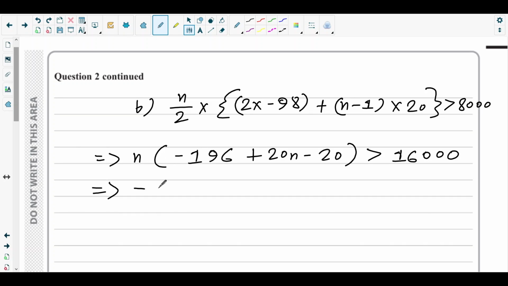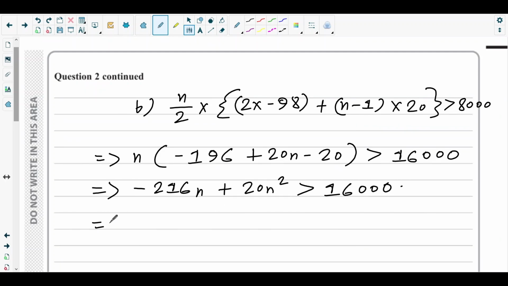Okay, so now multiply the bracket. So negative 196n plus 20n squared negative 20n. Okay, so negative 196 negative 20, that would give you negative 216. So we can write it together as negative 216n, greater than 16,000.